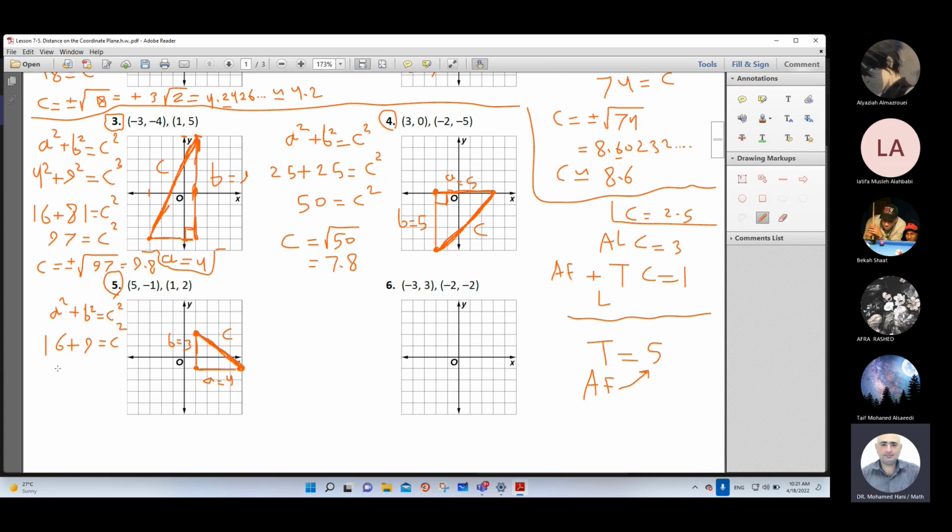So 16 plus 9 will be 25. So C equals the square root of 25. Who can tell me what is the square root of 25? What is the square root of 25? 5. Great. So you got the right answer.